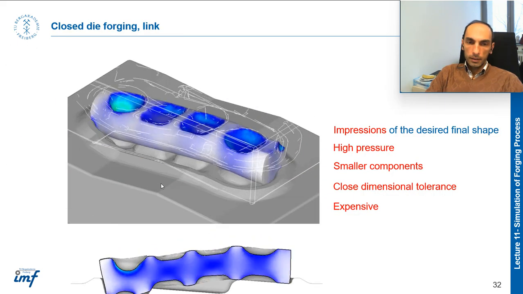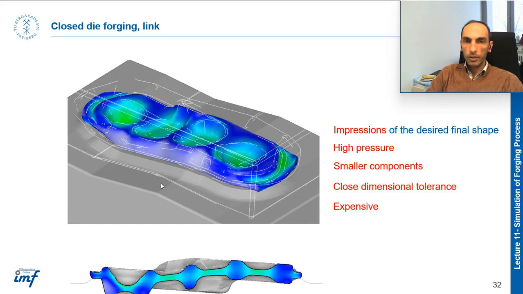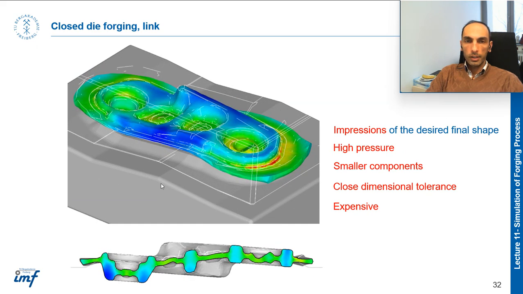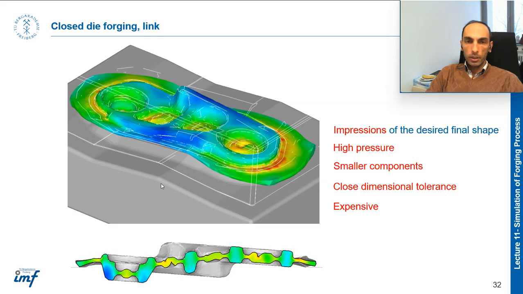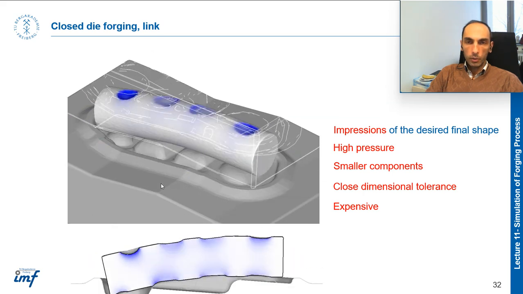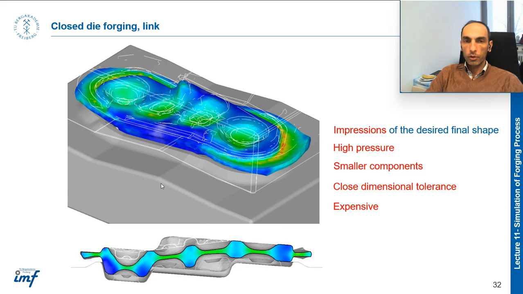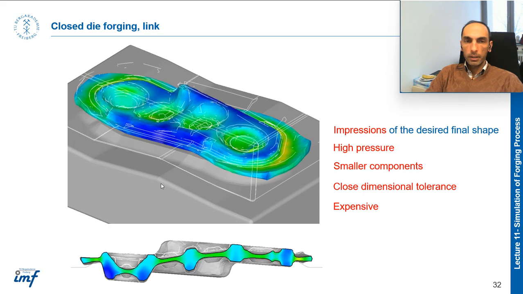On the other side here we have a closed die forging. The closed die forging is more accurate and closer to the final shape you want, and the pressure is higher.